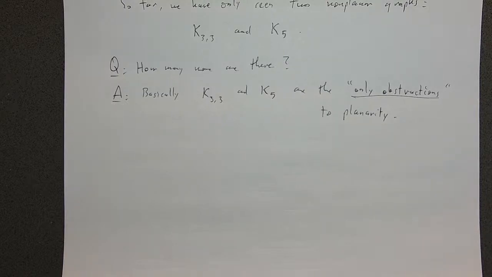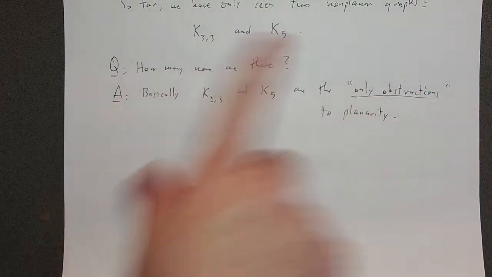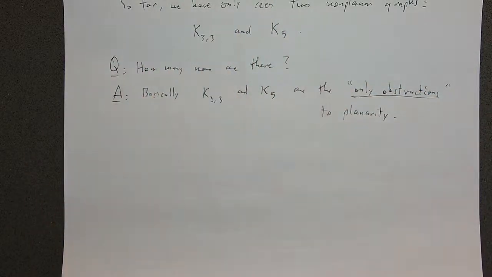We'll see that there's more graphs than just K33 and K5, but you'll understand what I mean by these being basically the only obstructions. It's basically if graphs don't somehow contain these, either as subgraphs or otherwise, we'll define what it means to be a subdivision next time, then they're planar, essentially. So in that sense, these are basically the only obstructions.